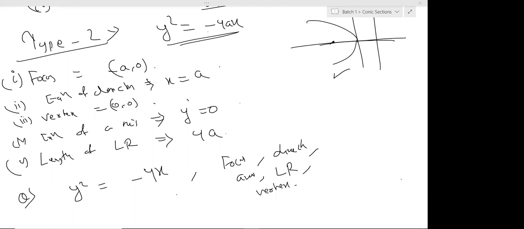Yes, a cannot be negative. Leave that negative sign. Just compare 4a to this 4. Yes, a is 1.